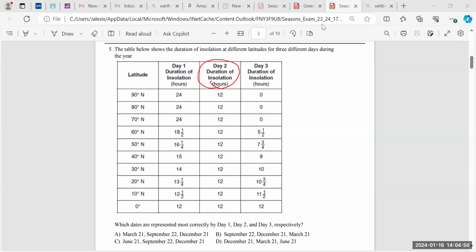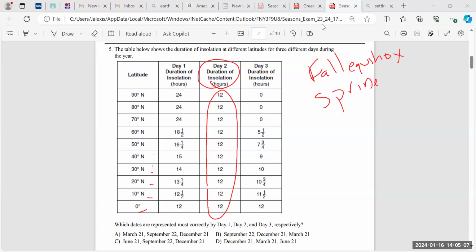At day 2, every single latitude is 12 hours. That lets me know automatically that it's either going to be the fall equinox or the spring equinox, which means it either has to be September 21st or 22nd, doesn't matter, or March 21st, sorry, or 22nd.